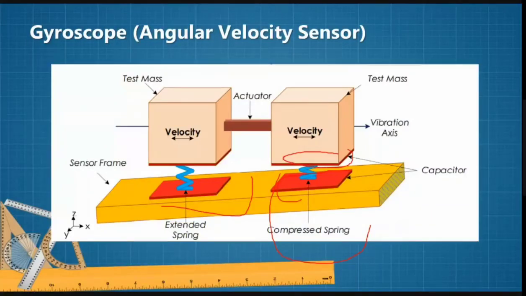And two other test masses with a vibration axis along yaw and another pair of capacitor and restitution springs are used to measure the component according to the other axis.